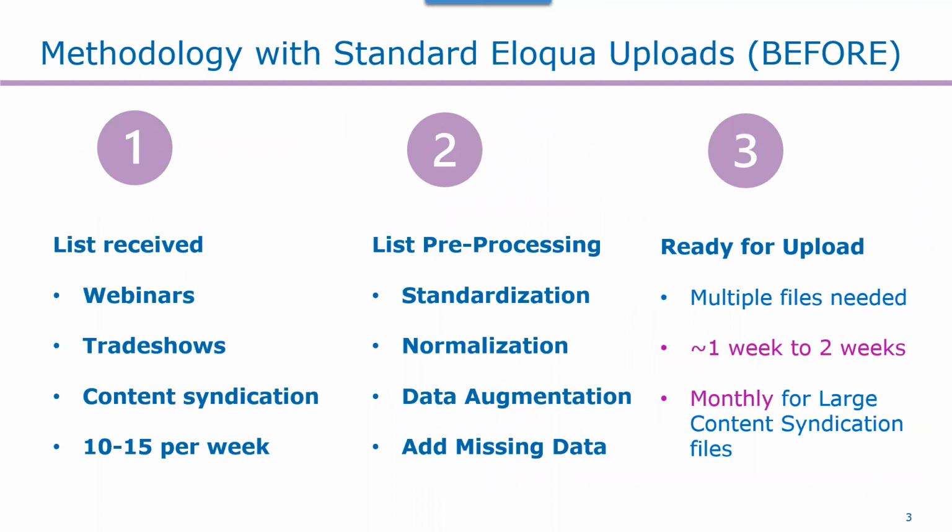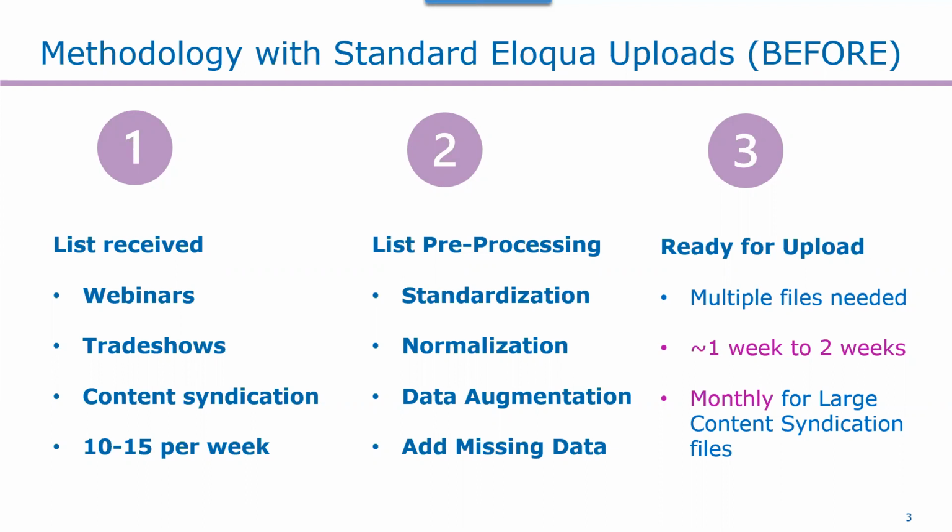Previously, we used to receive lists from various media vendors, webinars, trade shows, and content syndication, upwards of about 10 to 15 lists per week. There would be many things that we needed to do for pre-processing.